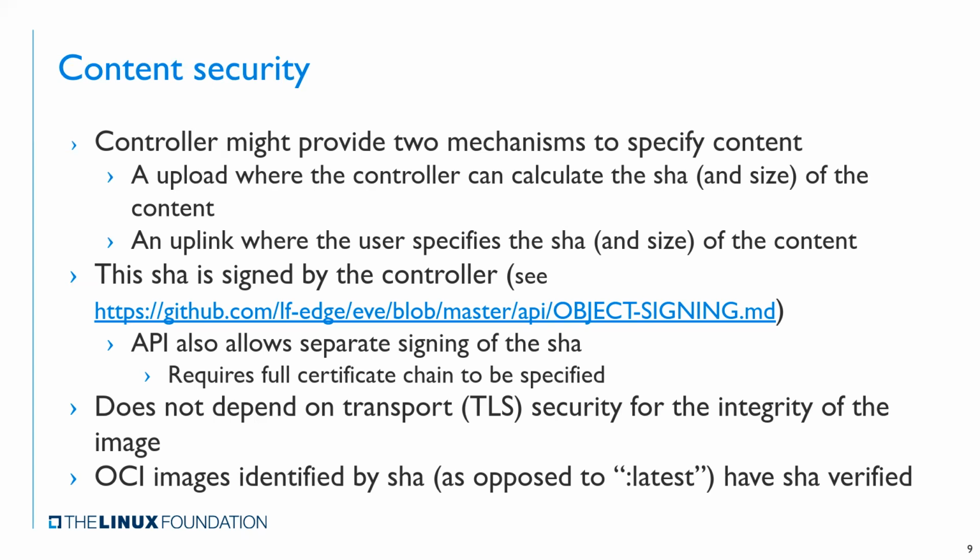You could, in theory, get the stuff through a completely insecure mechanism, even from a device sitting next to you that happens to have that content. Do you know if it's the right content? No, you don't. But you will verify it by looking at the SHA of that object once you have received it.